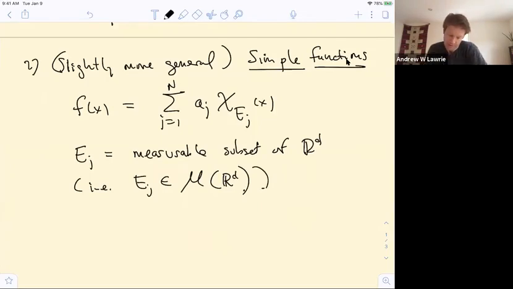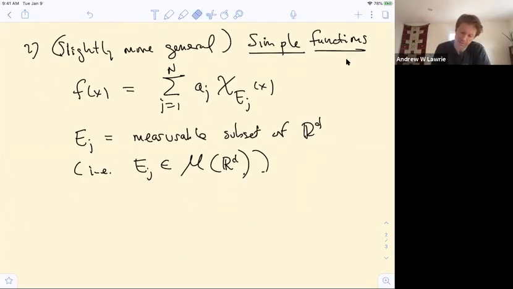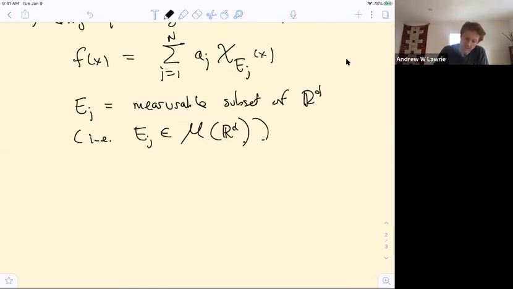So given a collection of measurable sets, you can find a simple function. And again, the a_j are real or complex numbers, depending on whether you want your function to be real valued or complex valued. Okay, and so these are some examples to keep in mind.